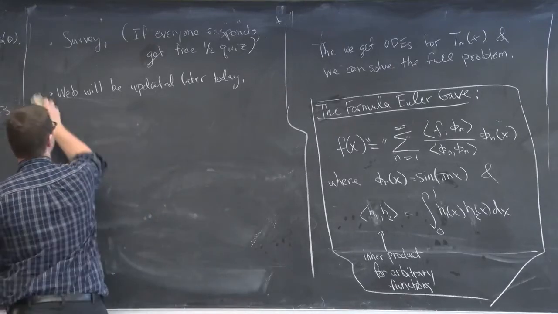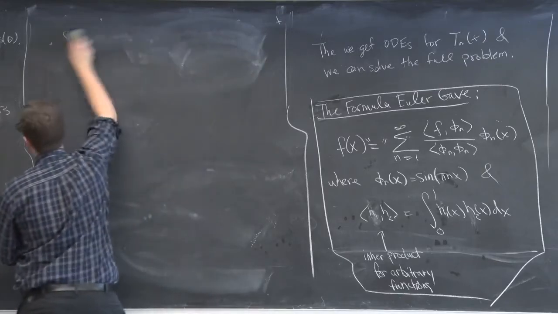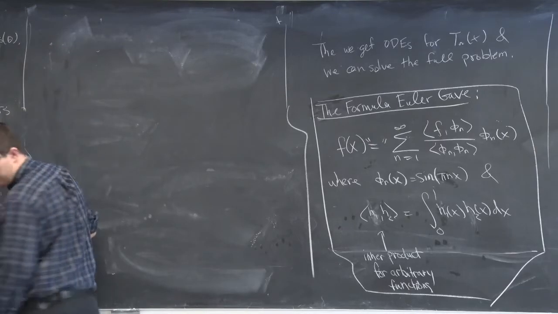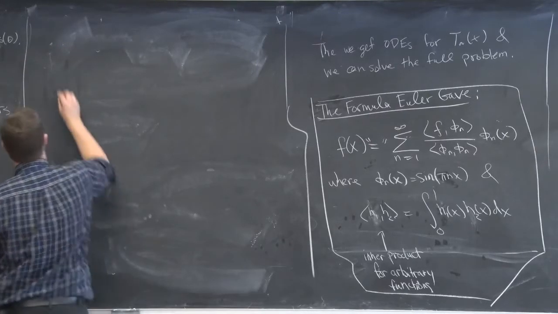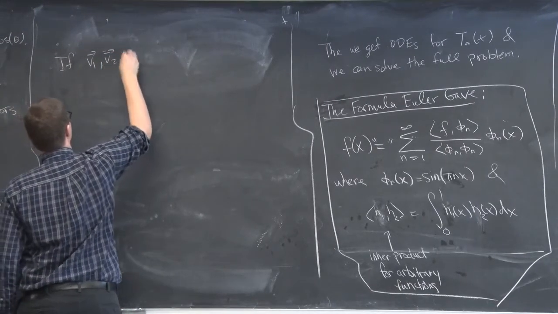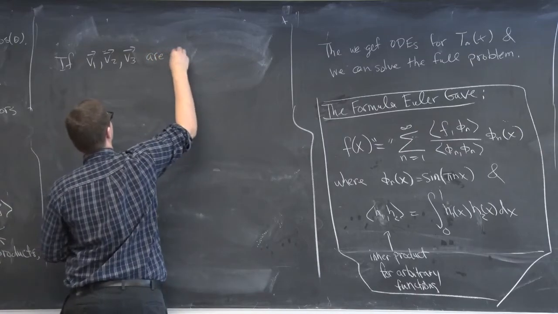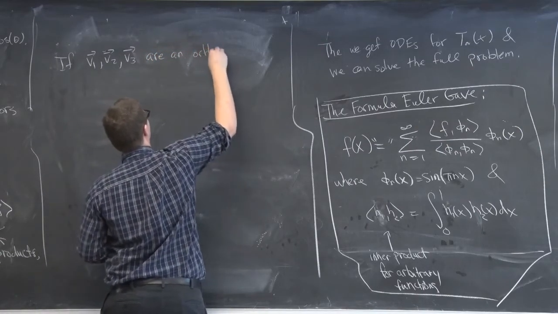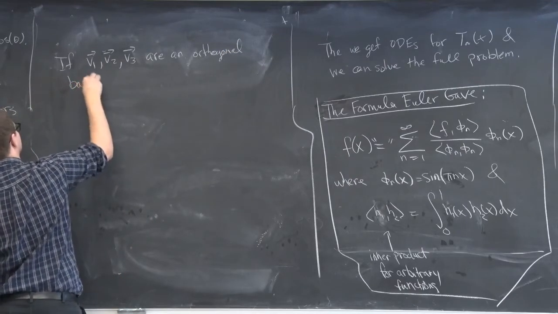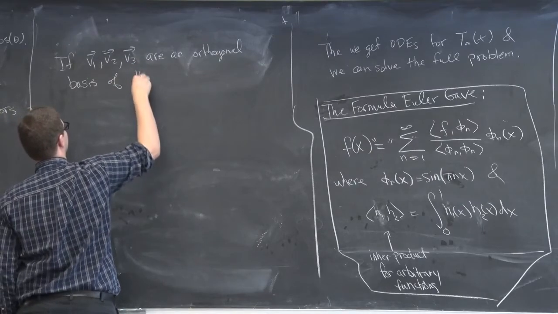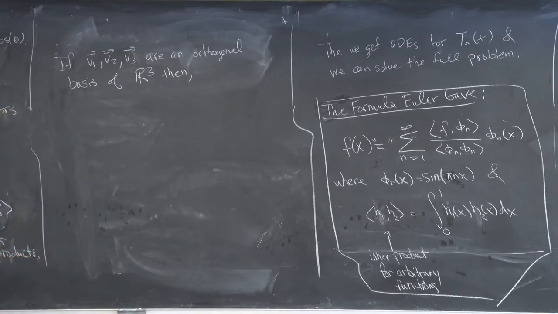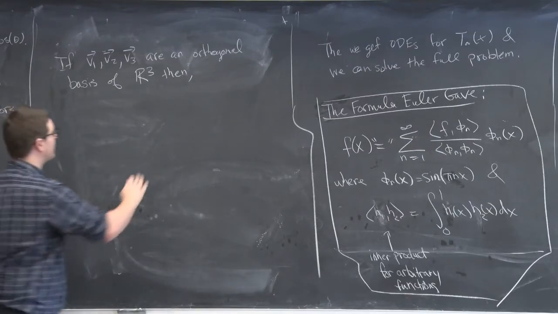Here's something that we can do. If V1, V2, and V3 are an orthogonal basis of this vector space R3, then we can decompose any vector into a sum.